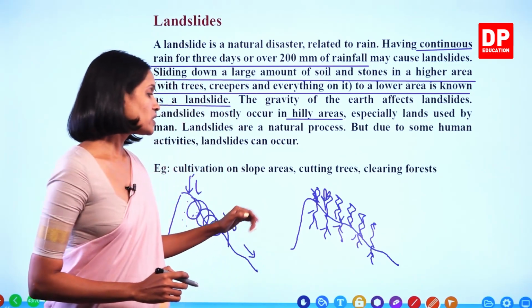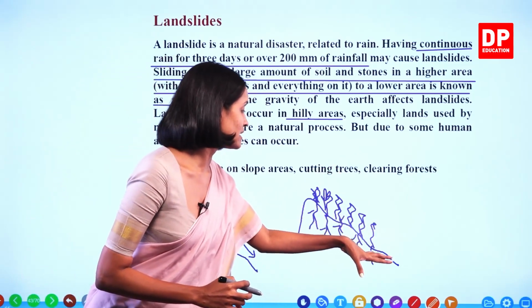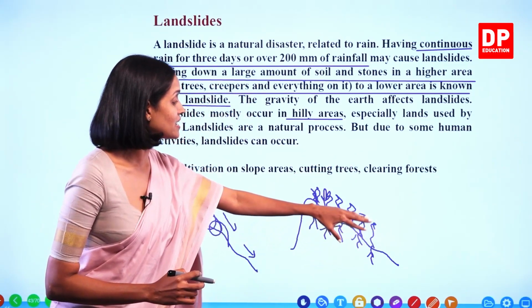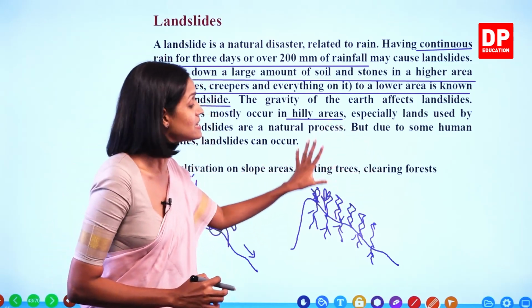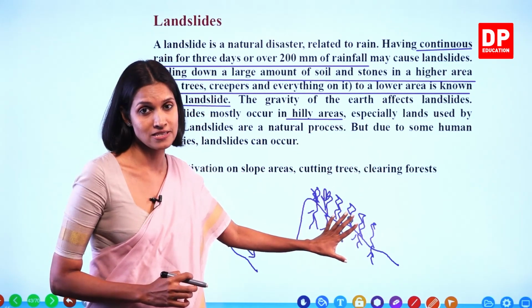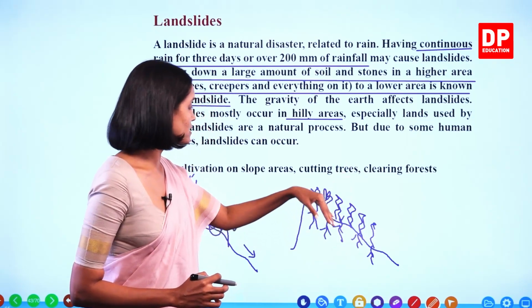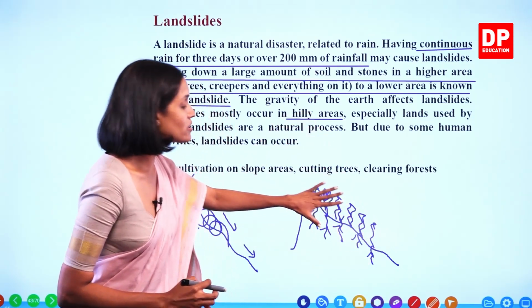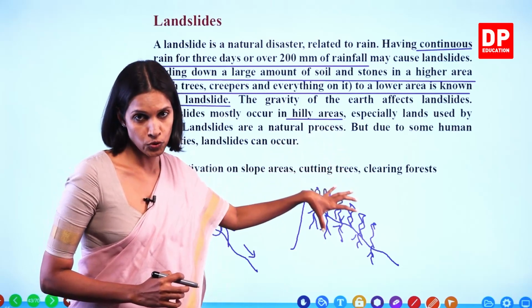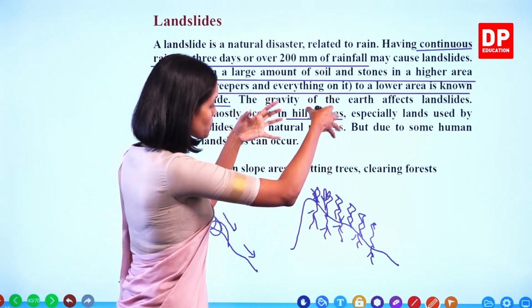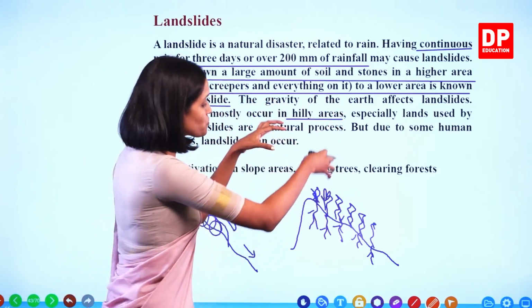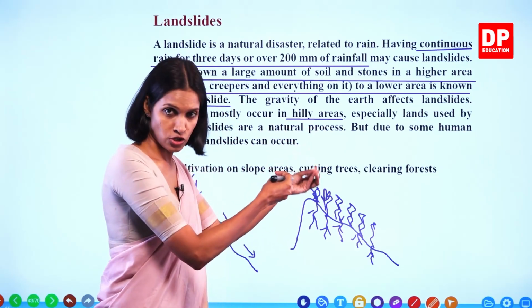Even though this is a slope area, this type of slope covered with a lot of plants is safe from landslides. How does that happen, children? Because soil is not directly exposed to water, right? So when it rains, what happens? Water falls onto the ground at low speed.